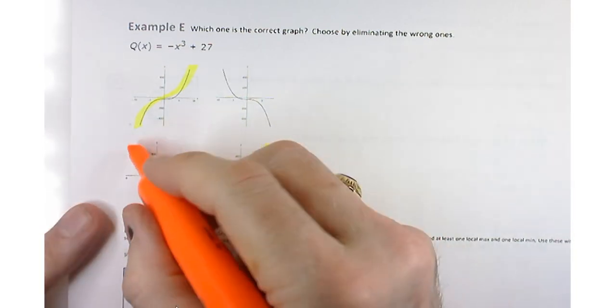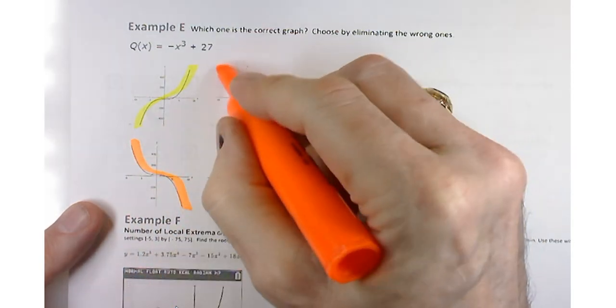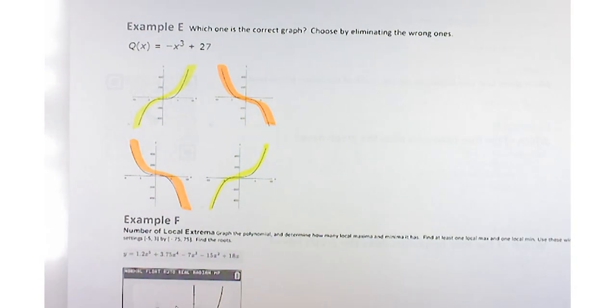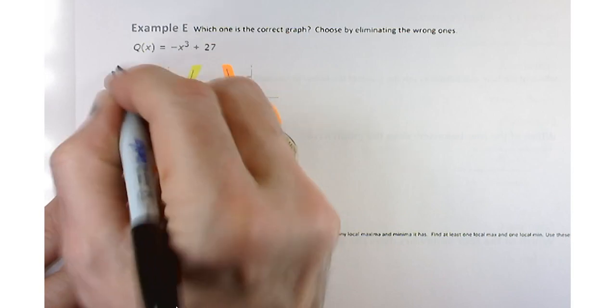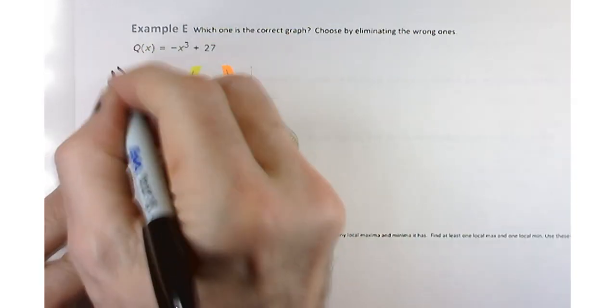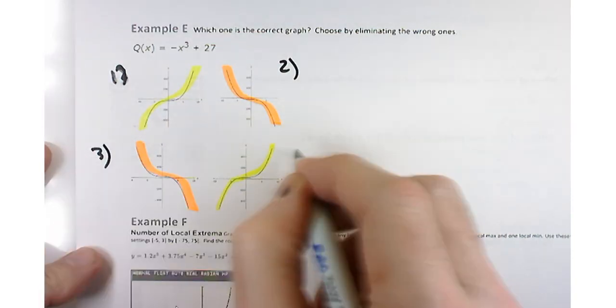Which 2 can this not be, without taking out your graphing calculator? You don't need your graphing calculator. That's overkill. So let me number these: 1, 2, 3, and 4.